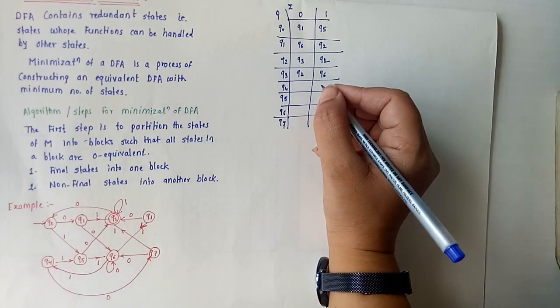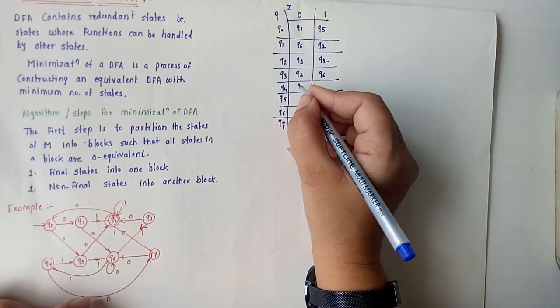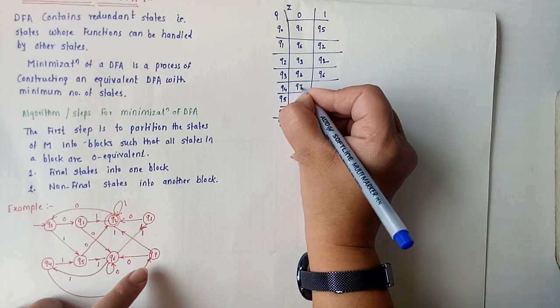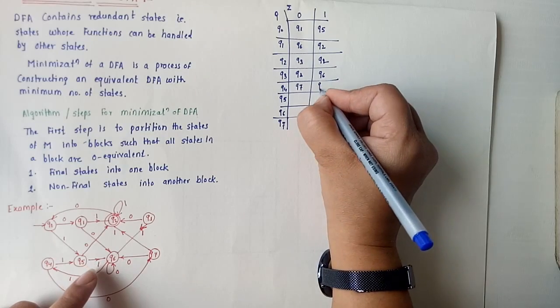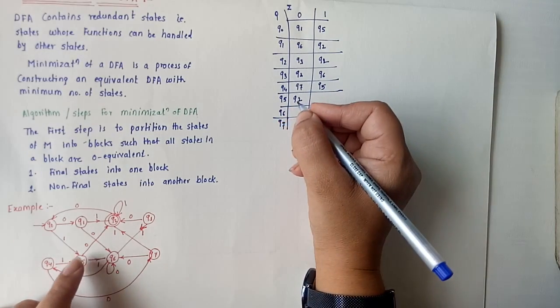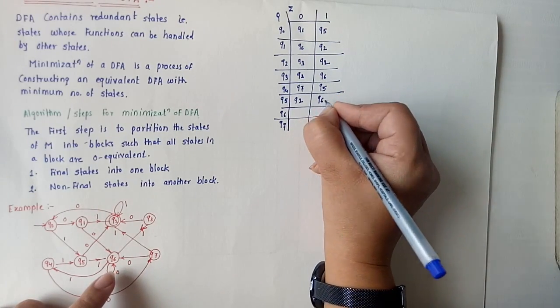Next state is q4, on 0 goes to the q7 state, q4 on 1 goes to the q5 state, q5 on 0 goes to the q2 state, then q5 on 1 goes to the q6 state.